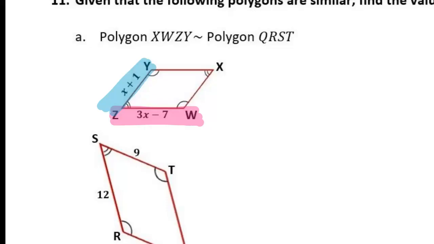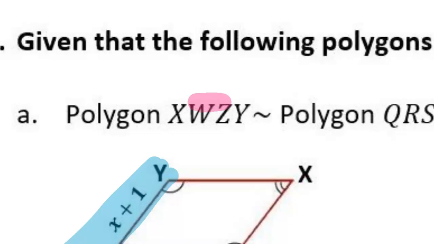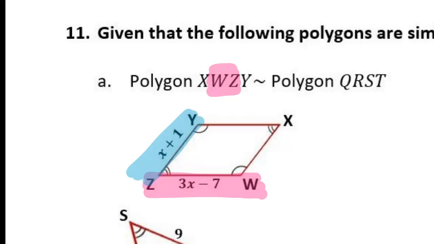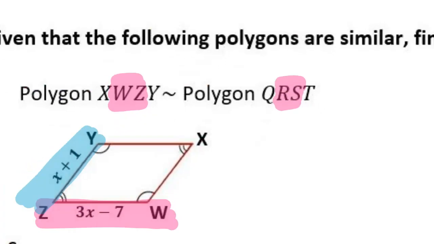All right, so 3x minus 7 is on side ZW. Well, here's ZW in my similarity statement. What would that have to correspond to on the other quadrilateral? RS, middle 2 letters, middle 2 letters. So let's go find RS.